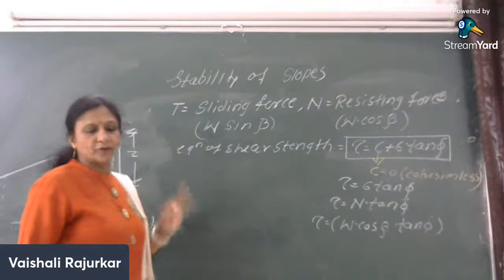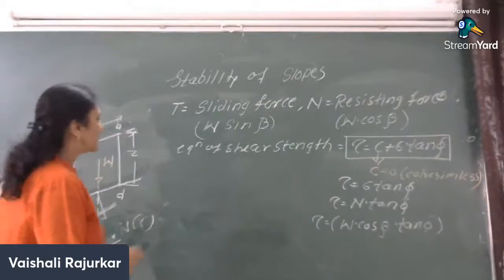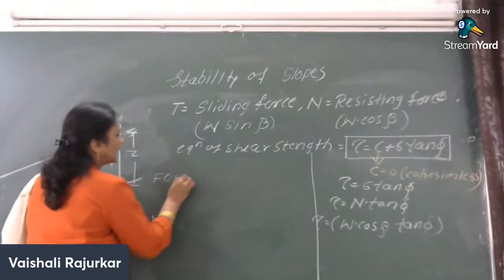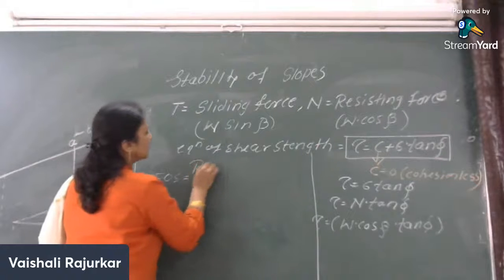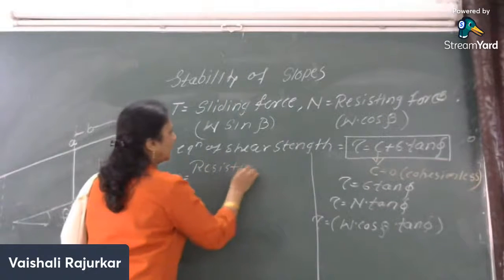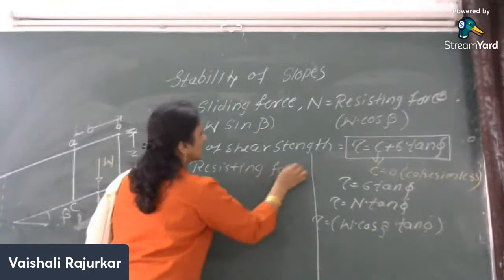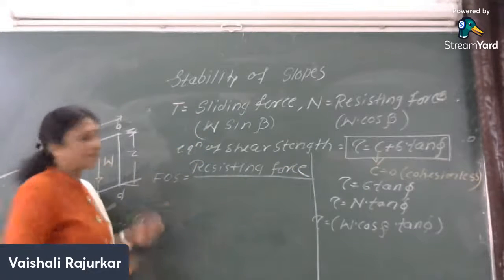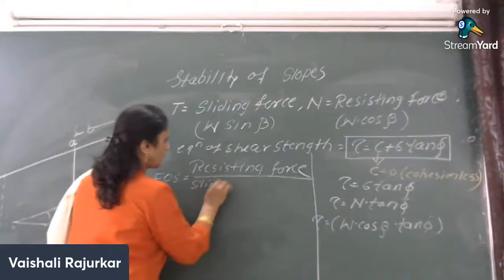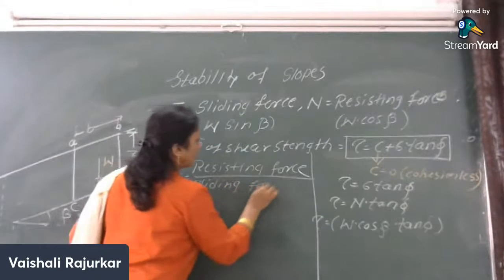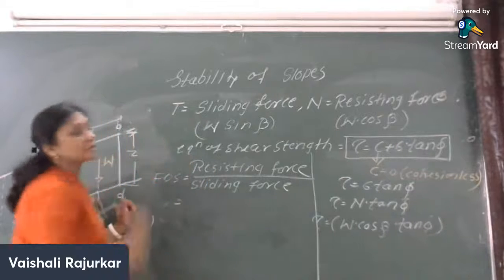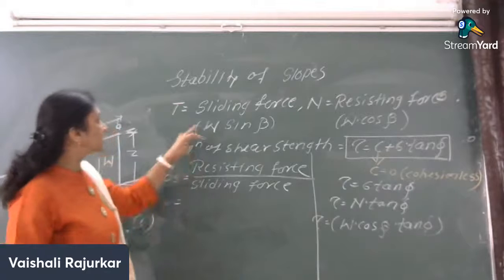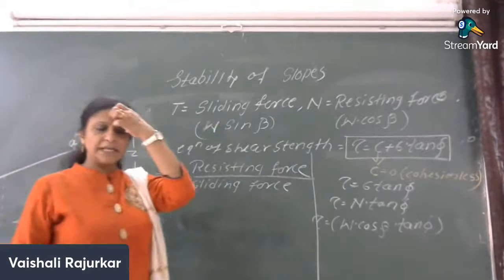Then what is meant by factor of safety? Here the factor of safety is resisting force upon sliding force. Now what is the resisting force? Resisting force is the normal force and sliding force is the tangential force.